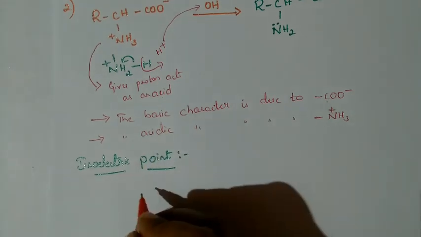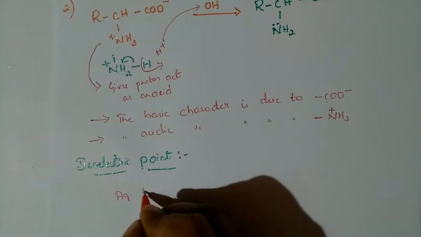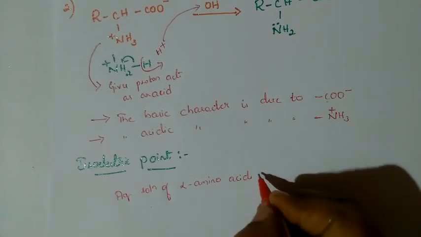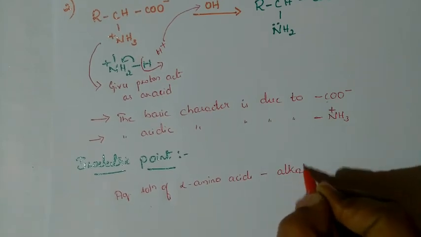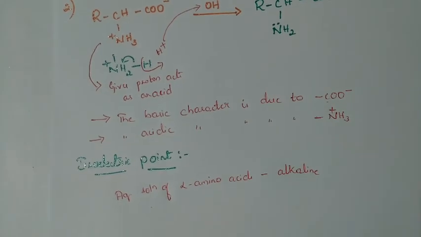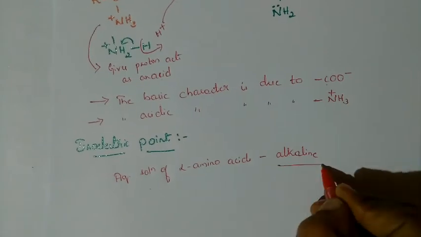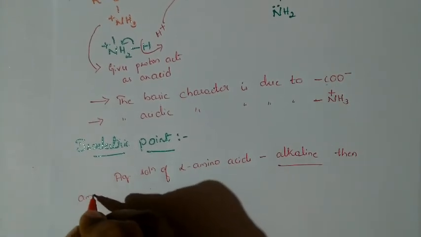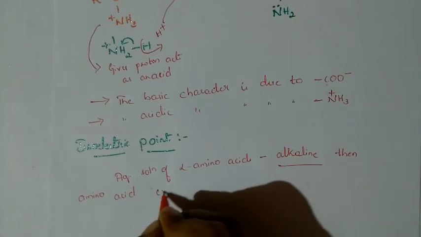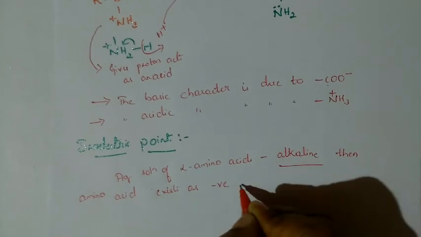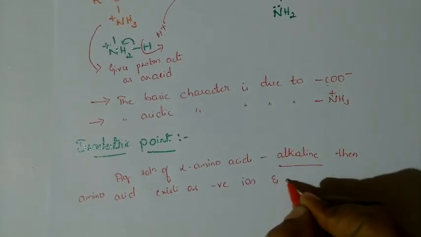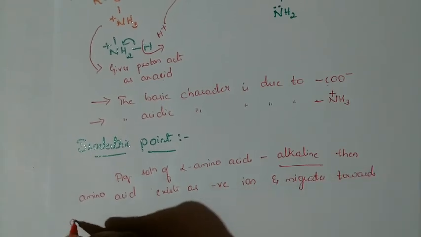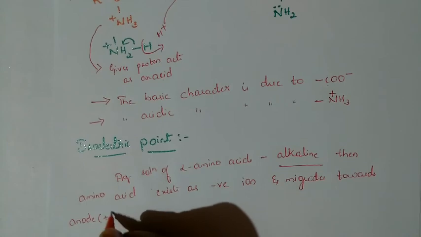Suppose the aqueous solution of alpha amino acids is slightly alkaline in nature, then amino acids exist as negative ions and migrate towards the anode, which is the positive terminal.